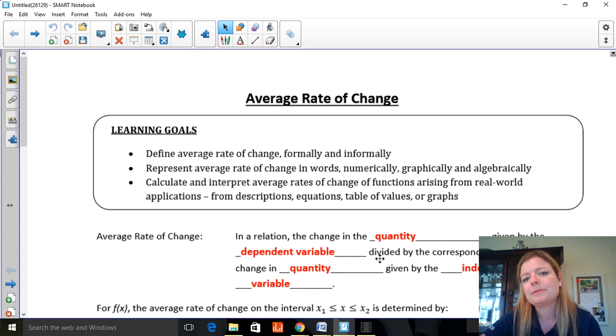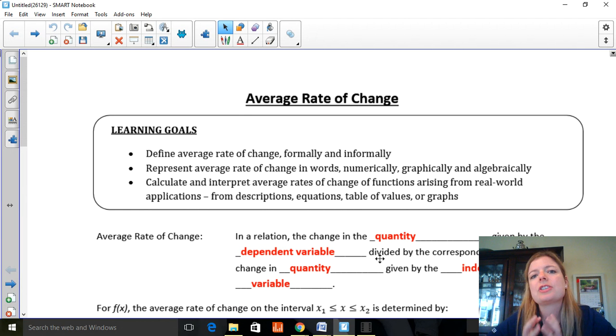Well, first of all, it's something per something, so it's always two variables that have an effect on each other. But what's important to realize is that it's always the dependent variable divided by the independent variable. And the independent variable, when we say per hour or per minute, we're always looking at a 1 unit change in the independent variable.